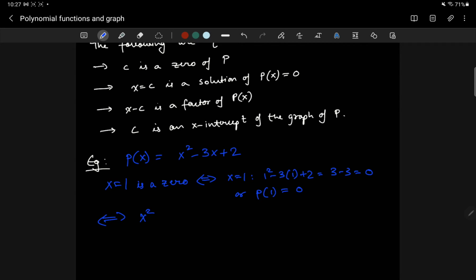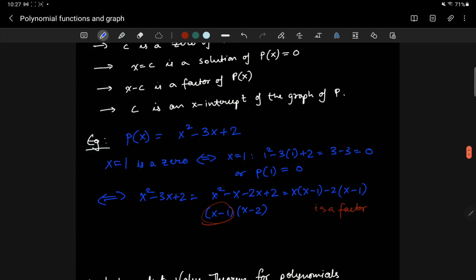Now, if I factor this, what do I get? Splitting the middle term, this is x squared minus x minus 2x plus 2, which is x times (x minus 1) minus 2 times (x minus 1), so (x minus 1)(x minus 2), and in fact, x minus 1 is a factor.